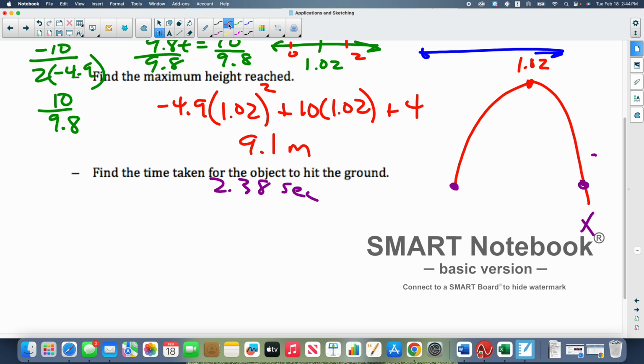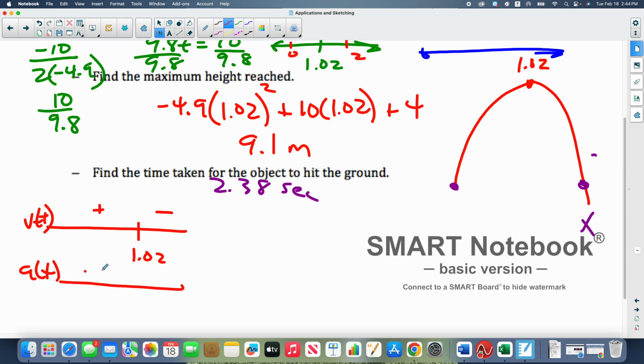So if I were to look at my velocity sign chart, we had a 1.08 and we said it was negative here and it was positive there. If we had our acceleration, we said it was negative throughout the whole graph.